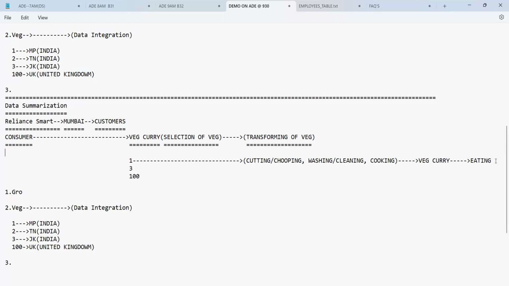Can you see it? These are the three layers of how you work. This is called the process of loading here.